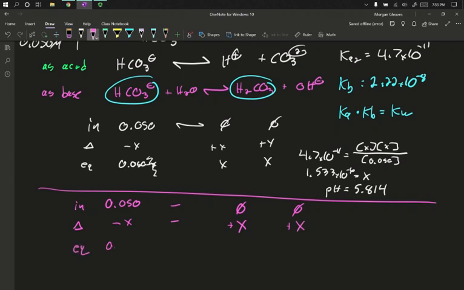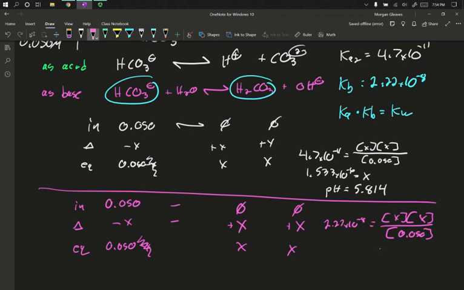Eventually reach equilibrium: 0.050 minus X, X, and X. 10 to the minus 8 is pretty tiny compared to our starting concentration, so I can probably safely simplify this again. 2.22 times 10 to the minus 8 must equal our carbonic acid, which is X, our hydroxide, which is X, all over our starting value for bicarbonate, 0.050. So this is if we're doing the equilibrium calculation for the base reaction.